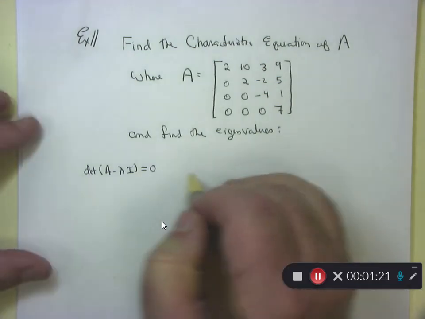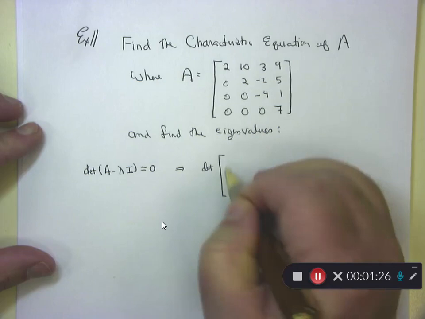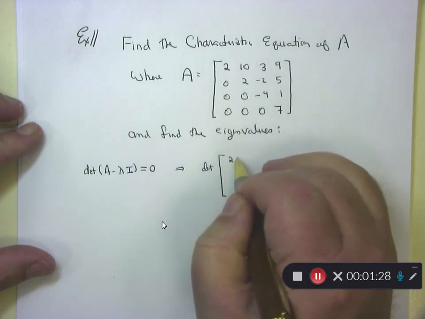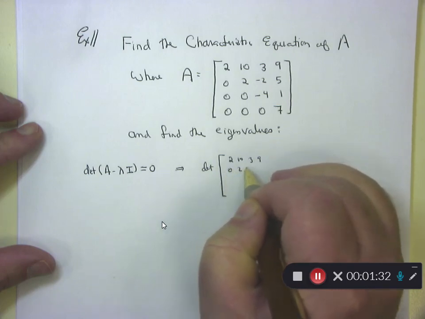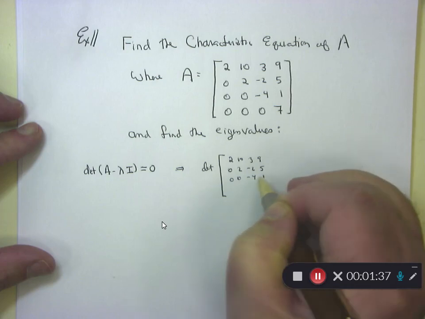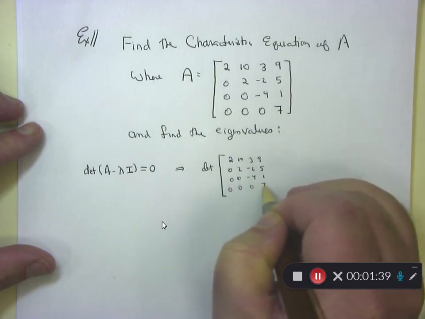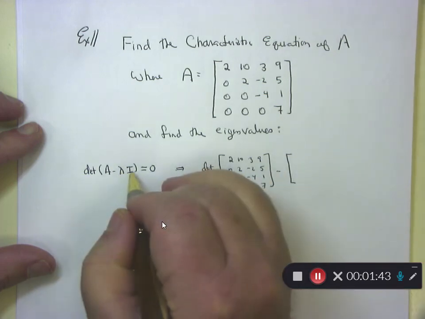So, from this, we're going to take the determinant of matrix A, which is 2, 10, 3, 9, 0, 2, negative 2, 5, 0, 0, negative 4, 1, 0, 0, 0, 7. And I'm going to subtract off lambda times the identity.